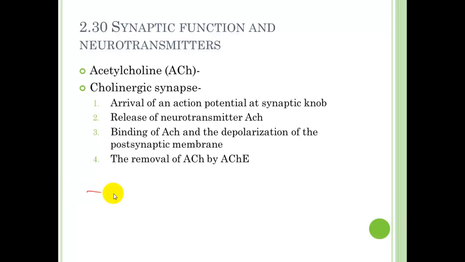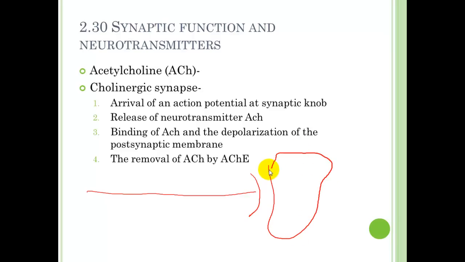So we have axonal body, essentially target organ, axon. Information comes down to the end of this knob, and then we'll get a release of neurotransmitter into this area.